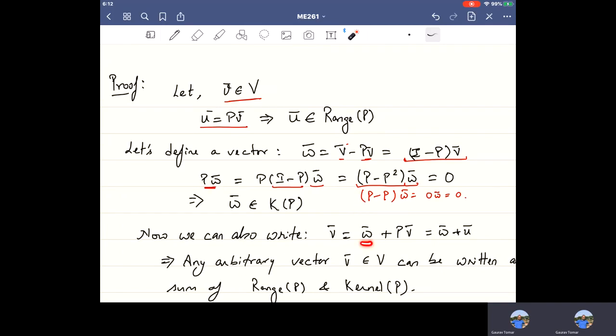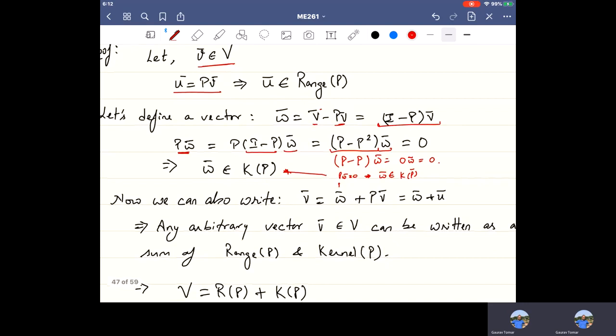That means, since P of w is zero, it implies w belongs to the kernel space of P, which is written here. Right. And this is true for any arbitrary vector. We have not defined what vector we are looking at. This is for any vector v from the vector space V.